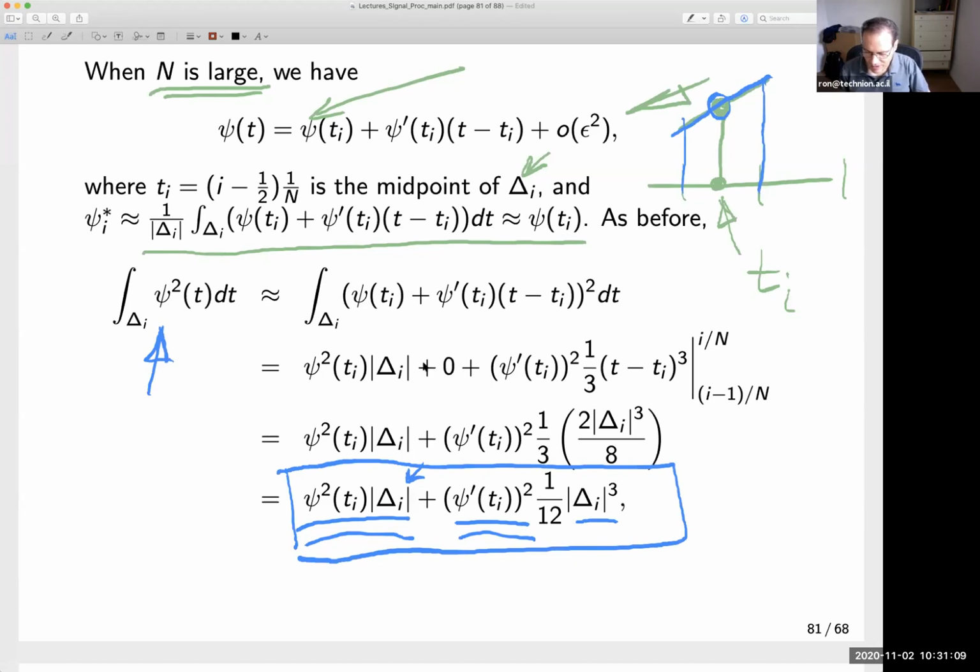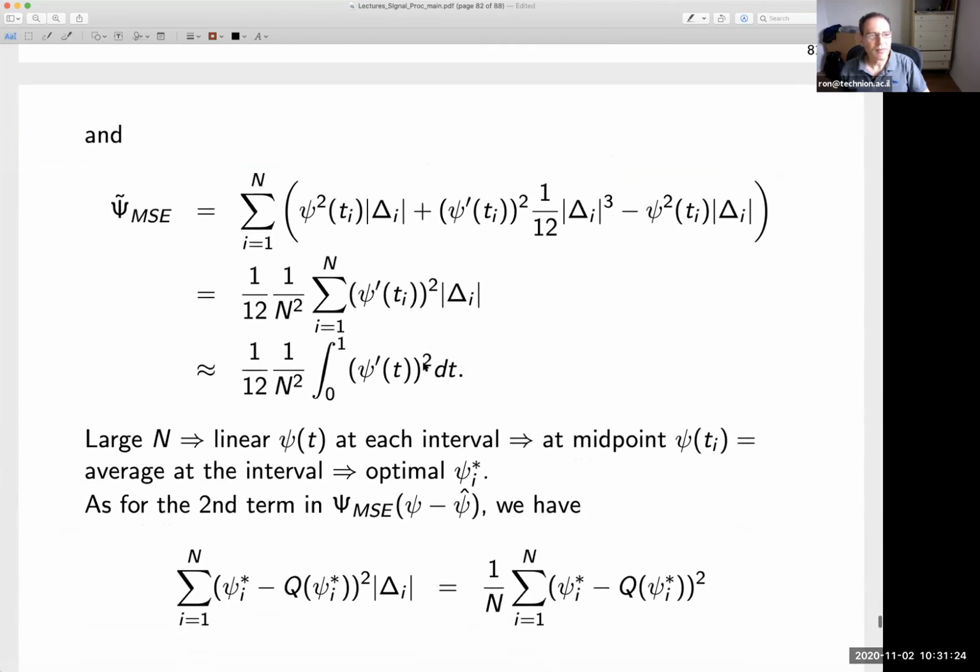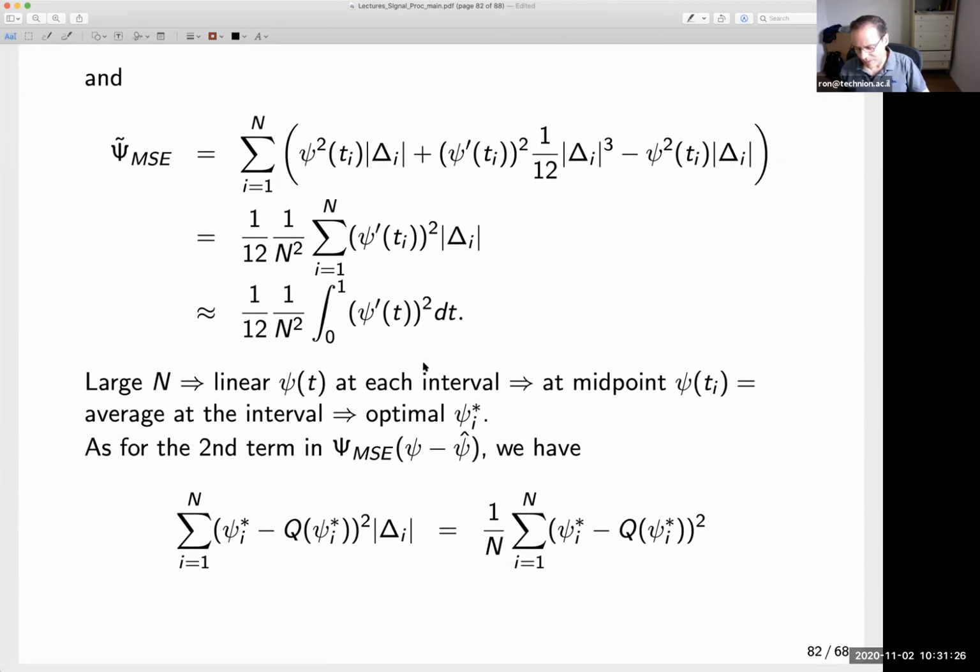And again, this is where n is really large, and therefore I can assume that psi is relatively smooth and doesn't change abruptly within the interval. Okay, so if this is my assumption, then we can have an approximation for this error, where within each interval we represent psi with the average in this interval.